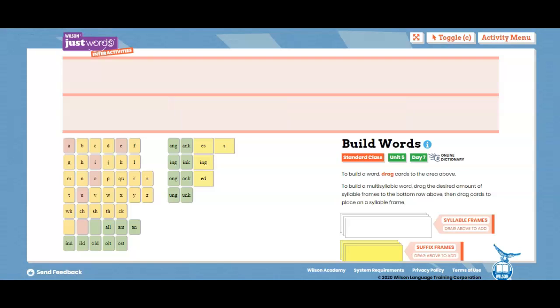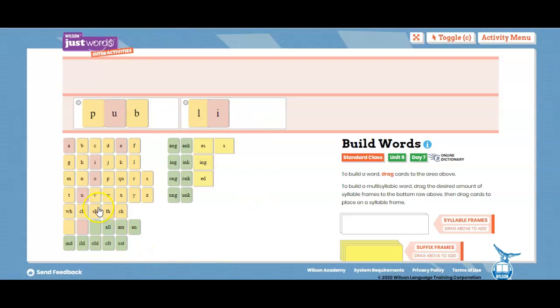Okay, now say publishing. And name the base word in publishing. It's publish, okay? So we're going to tap each syllable, publish. Here, 2 syllables, publish. I'm going to spell that publish.